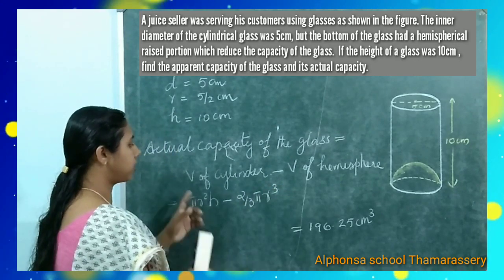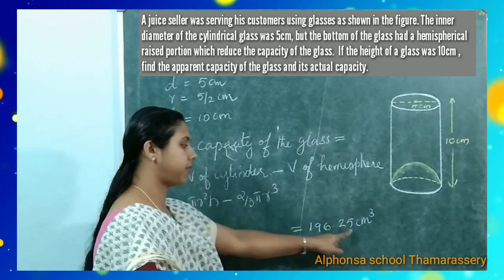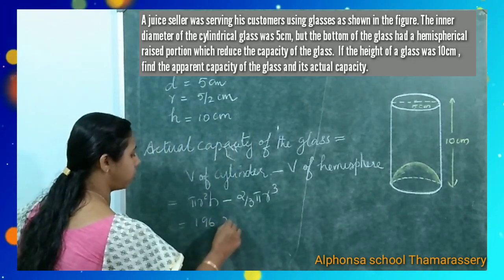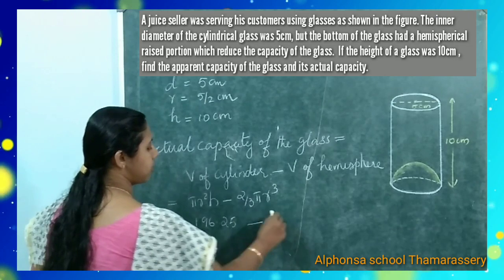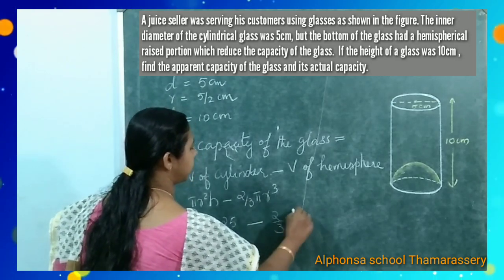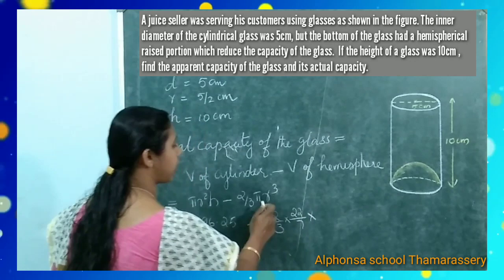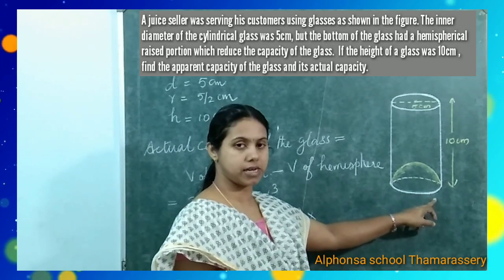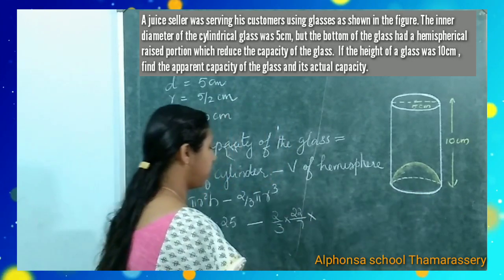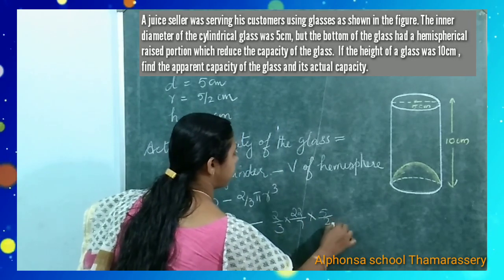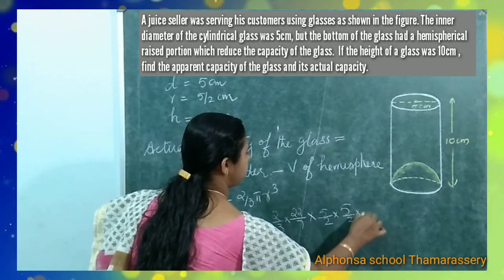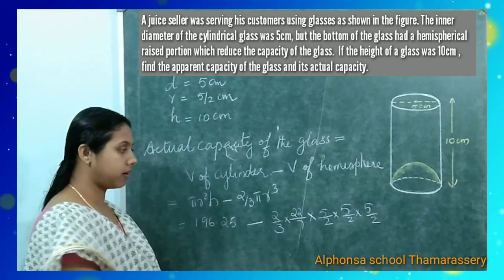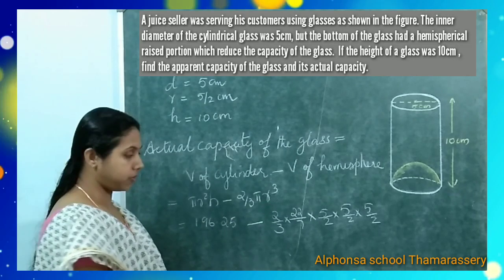Here we have already found the volume of the cylinder, the apparent capacity, so we can substitute here 196.25 minus 2 by 3 pi, that is 22 by 7 into r cube. Here the radius of the hemisphere is equal to the radius of the cylinder, both have the same base. So that will be 5 by 2 whole cube, that is 5 by 2 into 5 by 2 into 5 by 2, or you can write the decimal form of 5 by 2.